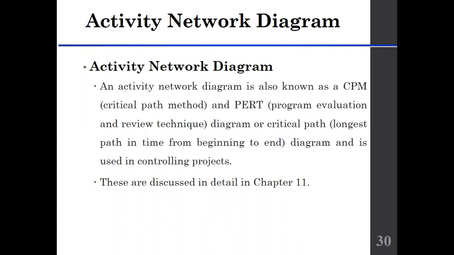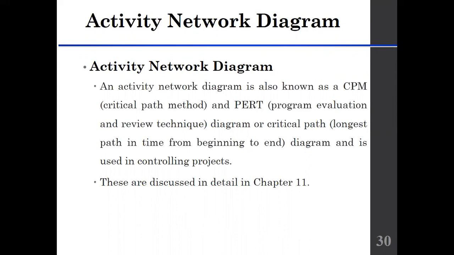Okay, the next one is activity network diagram. Activity network diagram is one of the most important diagrams, and an activity diagram is also known as a CPM, that is the critical path method, and PERT, that is a program evaluation and review technique diagram.